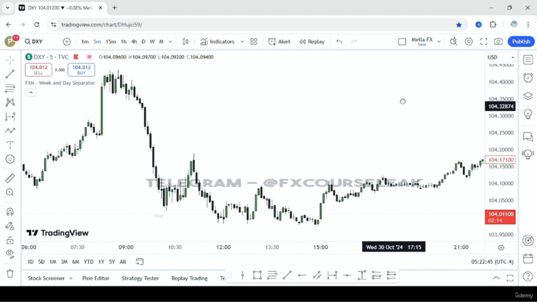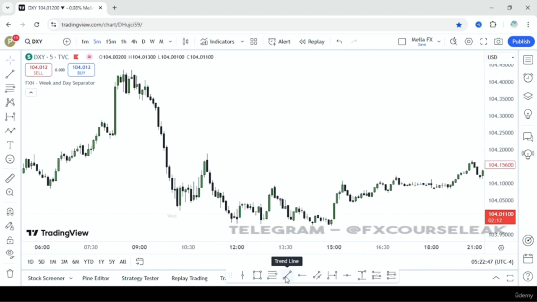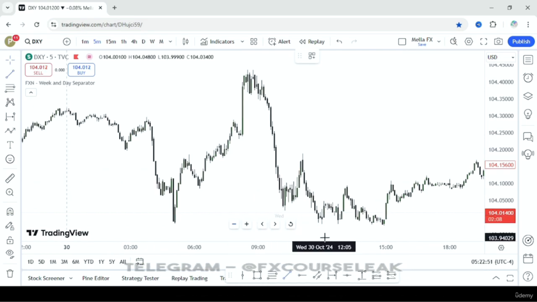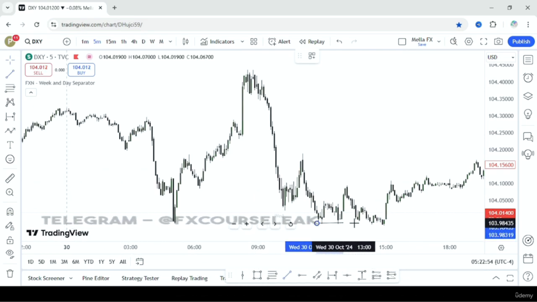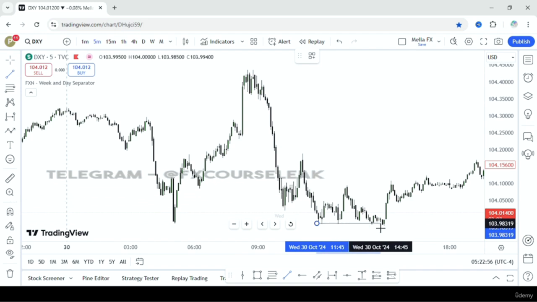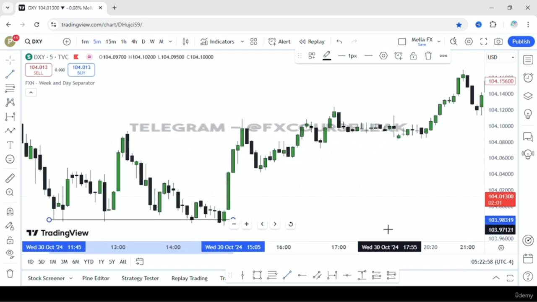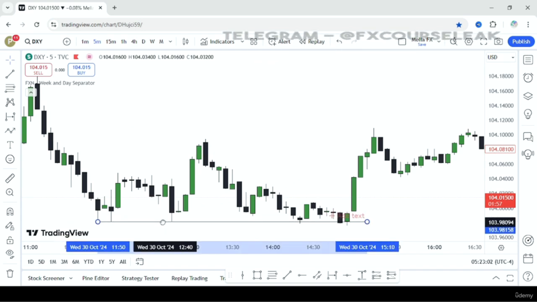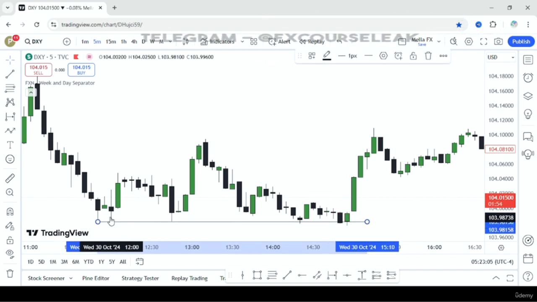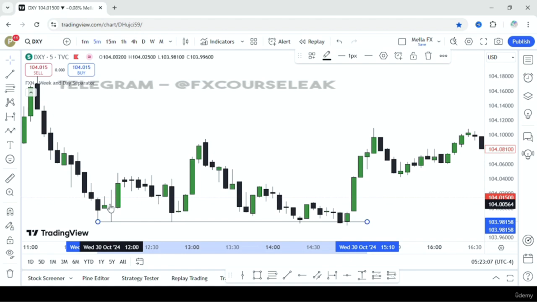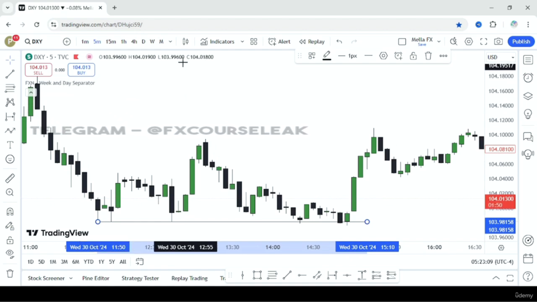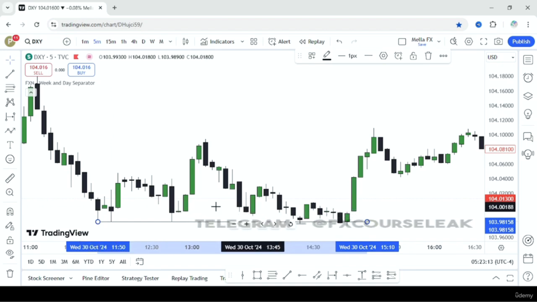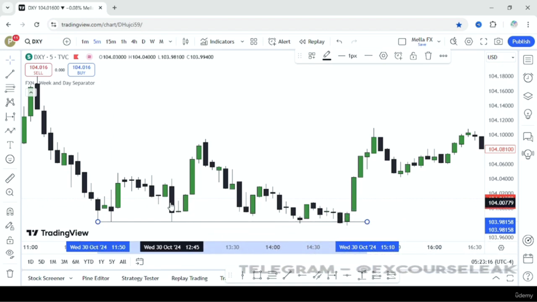So in the 5 minutes, we just come and outline this swing low. When we see in price that there are relatively equal lows, we can see that this low was at 103.981, and the next one was 103.981.